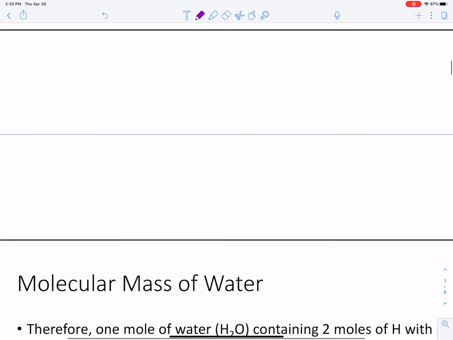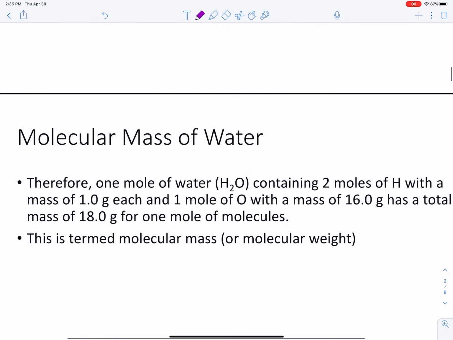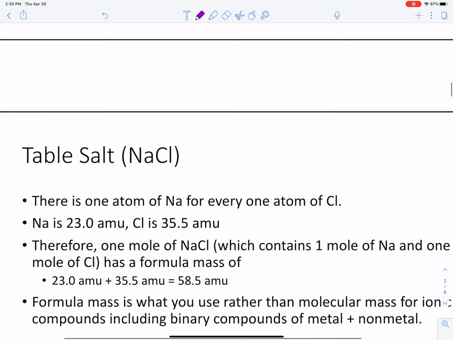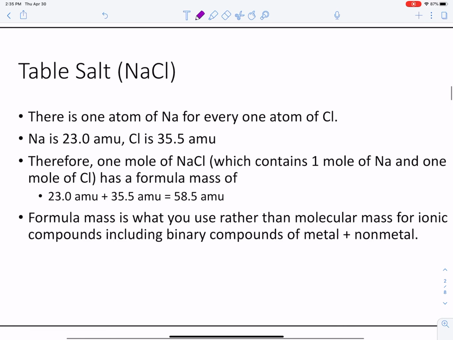When we look at something else, say, table salt, that's kind of interesting. We can do something exactly identical. We know that we've got 1 sodium and 1 chlorine, okay? So sodium weighs 23 AMUs.